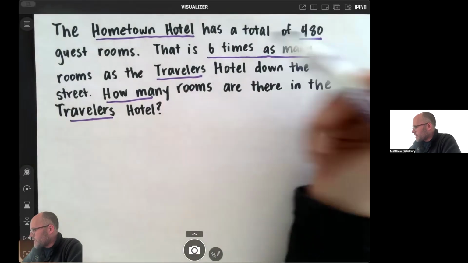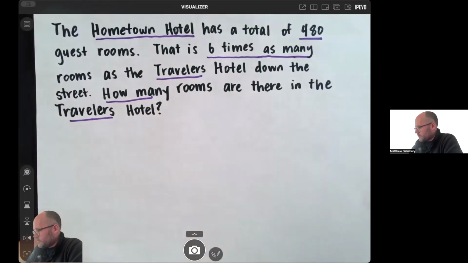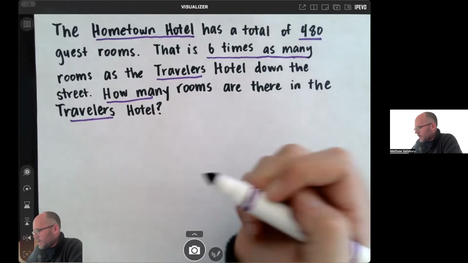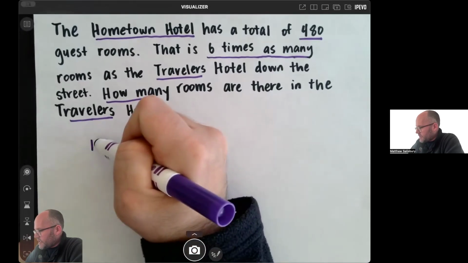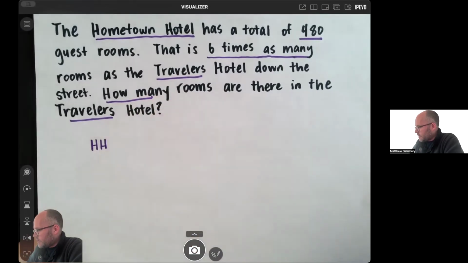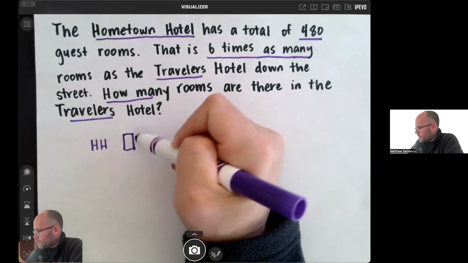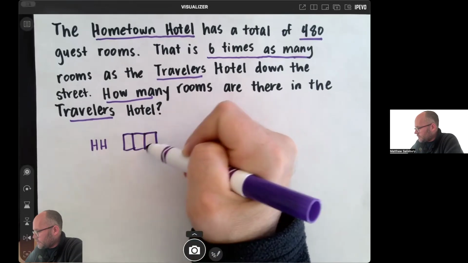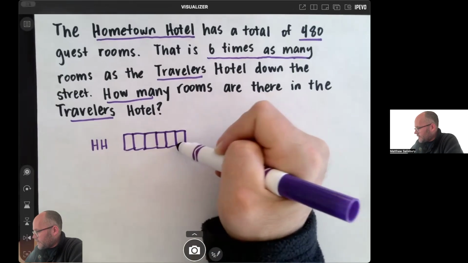So if the Hometown Hotel has 6 times as many, that means it has more. So I'm going to draw a tape diagram to help me out. So I know that the Hometown Hotel has 6 times as many as the Travelers Hotel. So 1, 2, 3, 4, 5, 6.